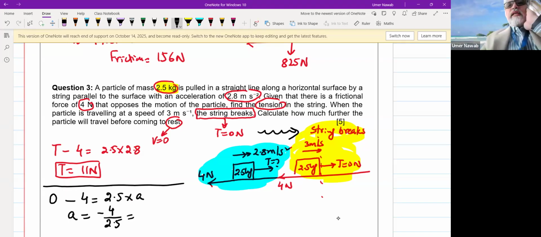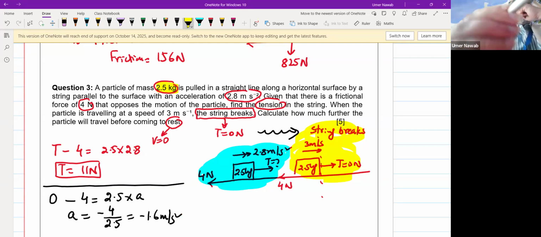So let me use my calculator. Negative 4 over 2.5. That gives me the deceleration equal to negative 1.6. So this is my acceleration, which is negative 1.6 meters per second square.